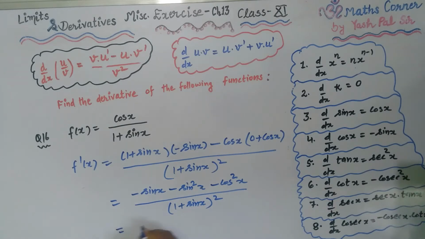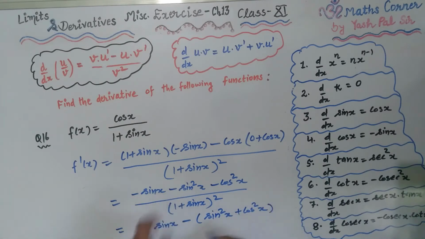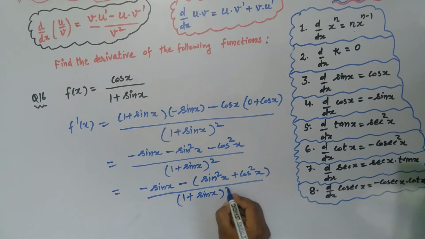So this is equal to minus sin x, taking minus common we have (sin square x plus cos square x) whole divided by (1 plus sin x) whole square.